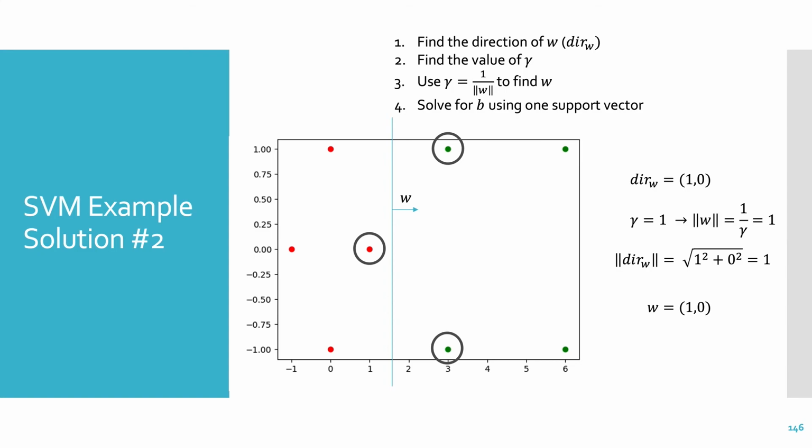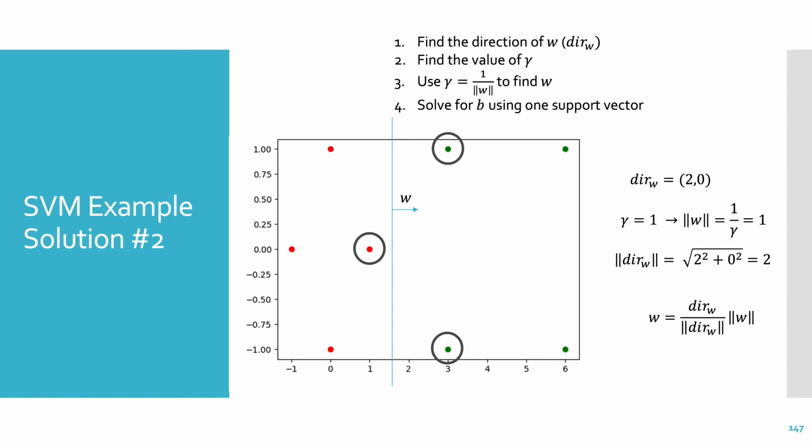So we take the direction of W, we calculate the margin. We use the margin to figure out what the length of W should be, and then we normalize the direction of W and multiply it by the length of W, and that gives us W. We can do the exact same thing if we had assumed that the direction of W was 2, 0.